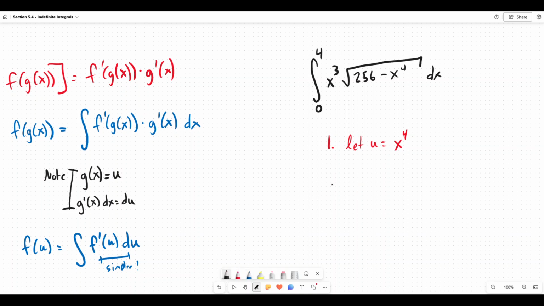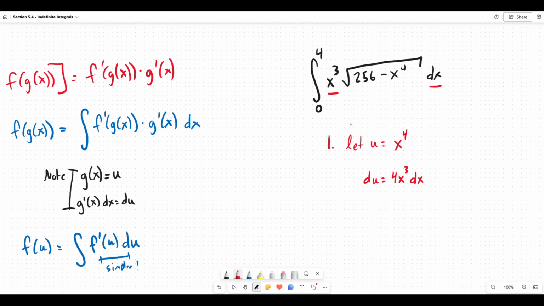So let's rewrite this. Now this is going to be the integral. We have x cubed. Okay, well, sorry. Before I write the integral, what does that make du? Well, derivative rule, bring down the 4, 4x cubed dx. Notice I have an x cubed and a dx, but I don't have a 4.